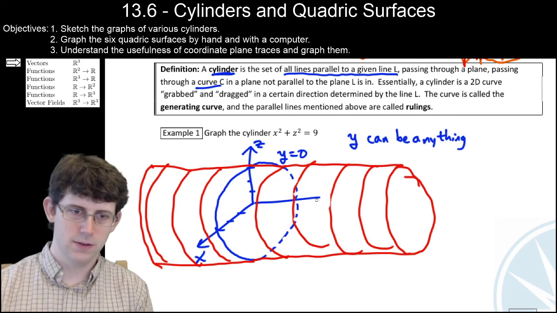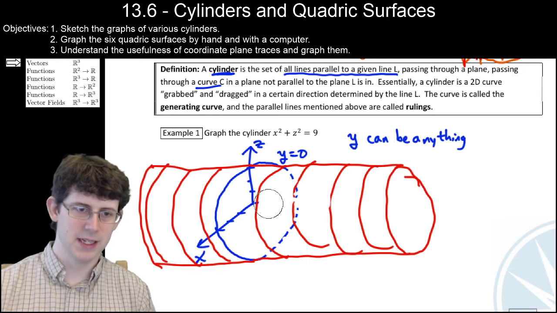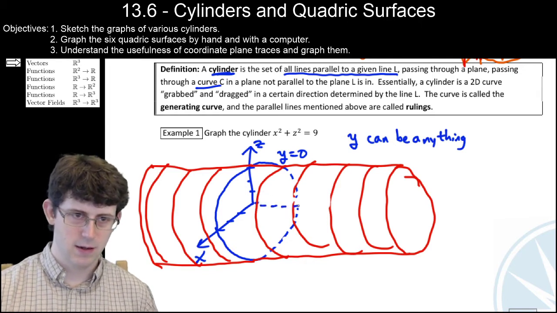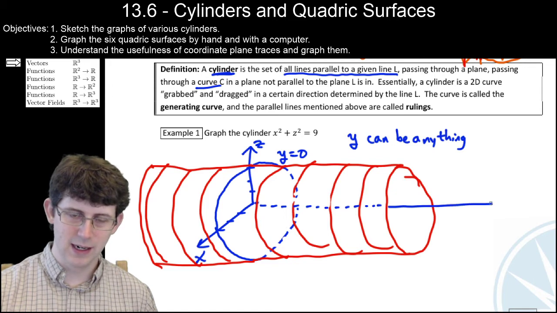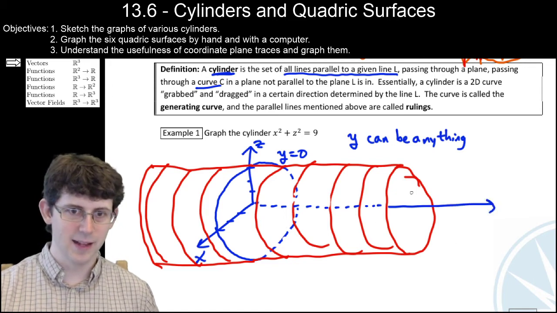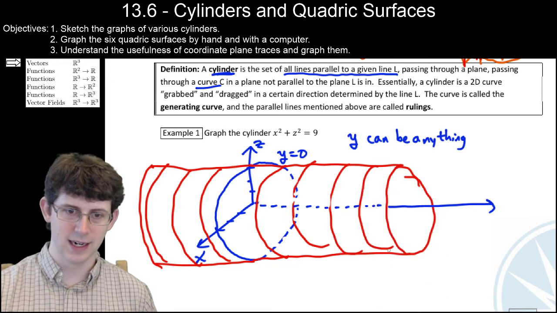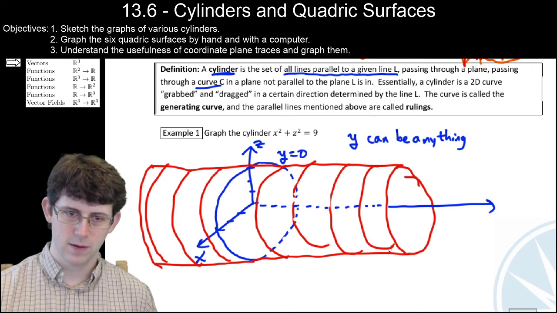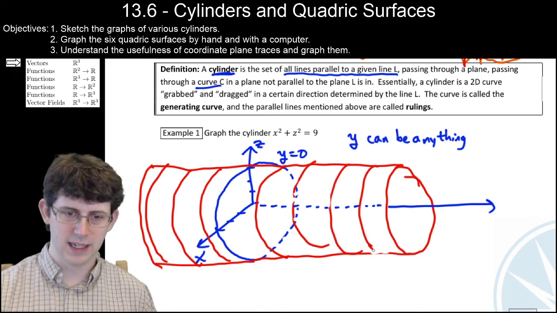And if you draw what it does, the y-axis is mostly invisible here, but then it becomes visible here. And that line helps us see what's going on with the cylinder, that it's open here. It's just a drawing trick, but these drawing tricks can be helpful in this class.